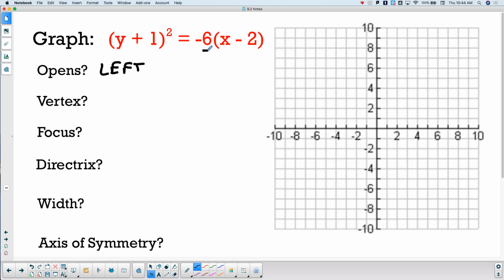Okay? Vertex. The vertex is 2, -1. Love it. Okay. P-value. Oh, it's just 1.5.